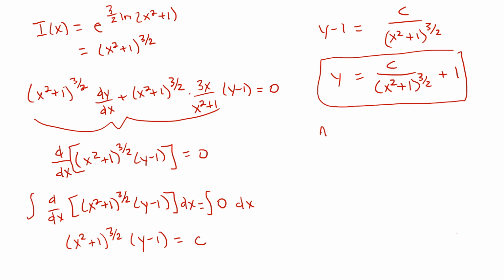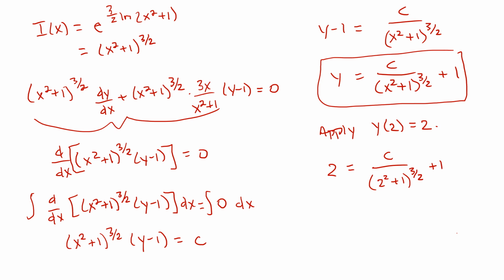But now, since I'm given an initial condition of y of 2 equals 2, I can substitute this initial condition into my general solution to find c. So 2 equals c over 2 squared plus 1 to the power 3/2 plus 1.